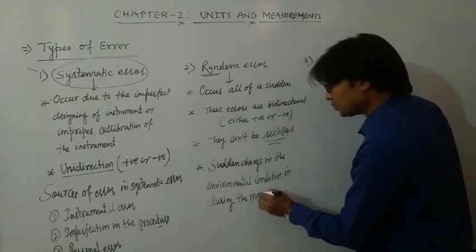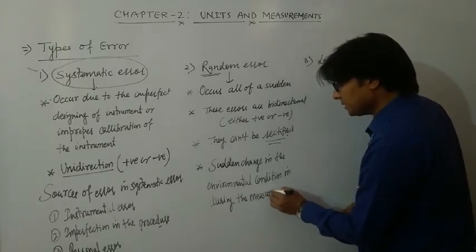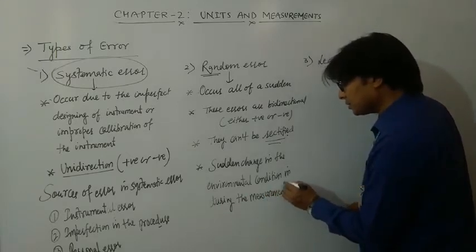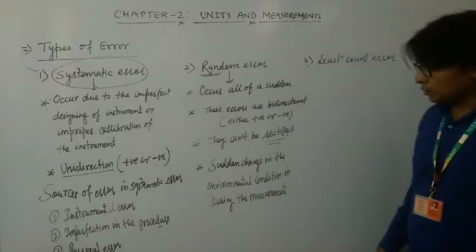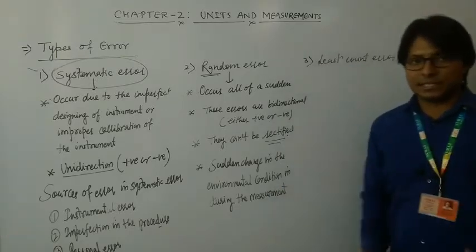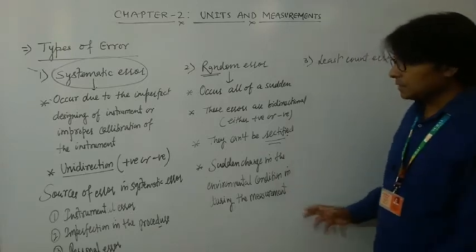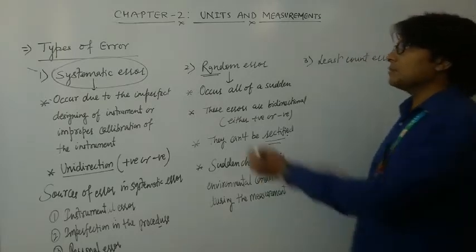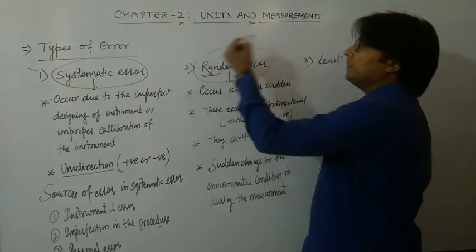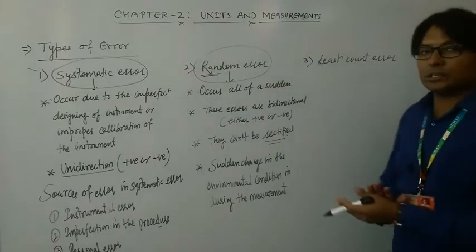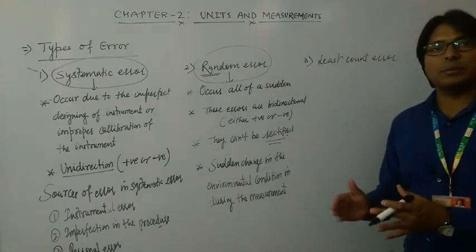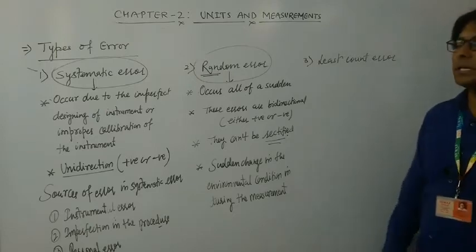That is the cause behind these random errors. Since we don't know what change is actually going to take place during one reading, such errors are known as random errors. So these may occur in both directions, may be positive sometimes and negative at other times.